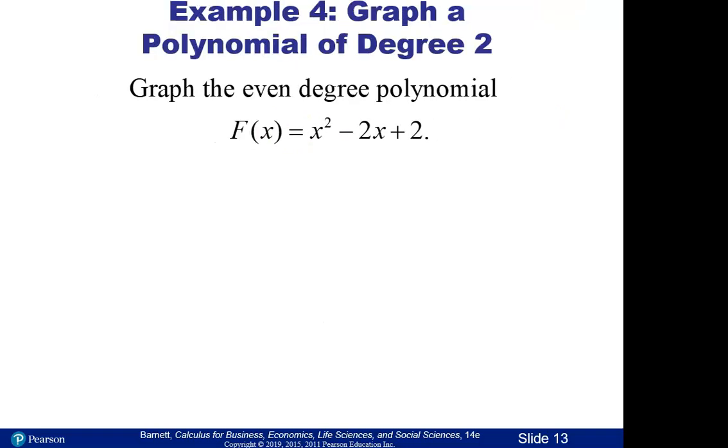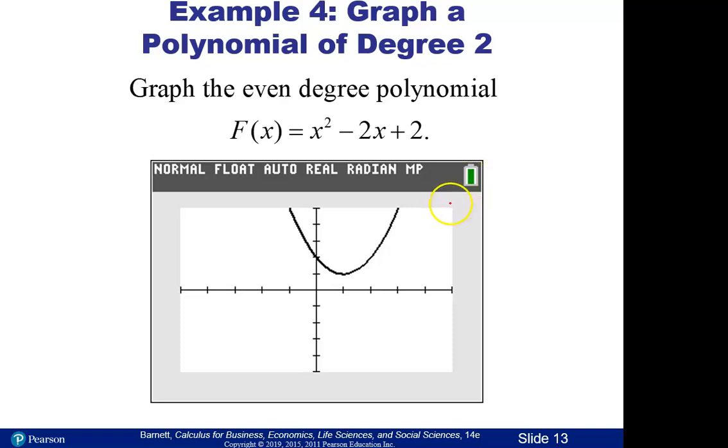Okay, so looking at some even degree polynomials, this one you've got an even degree with a positive leading coefficient, so it's going to come from positive infinity, and this particular one does not touch the x-axis.